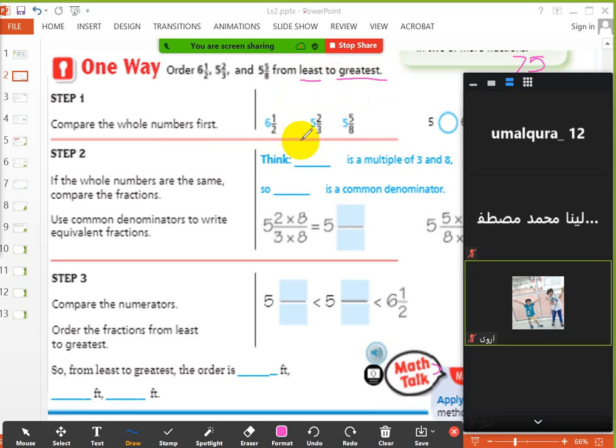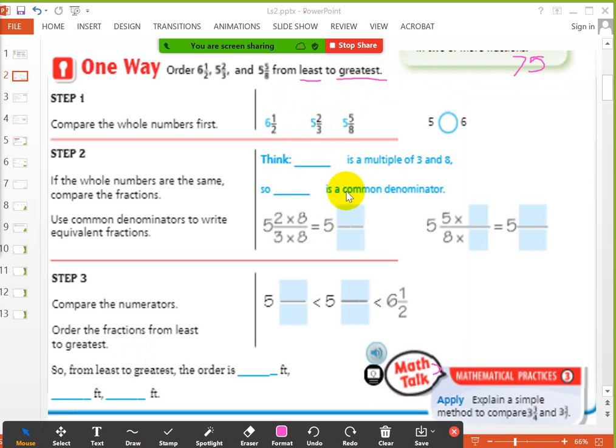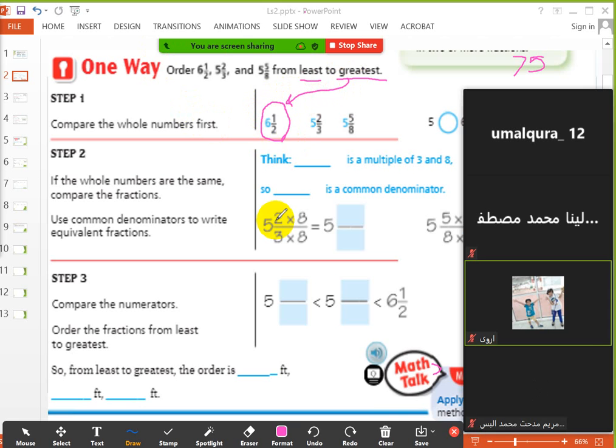So I will start with the least number. So let's see how I will do that. First thing, I know that 6 is greater than 5. So without looking at the fraction here, I will know that this number is the greatest number. How will I know that?